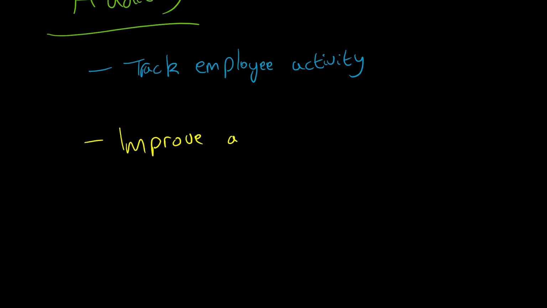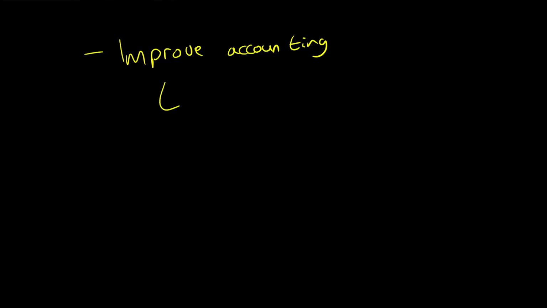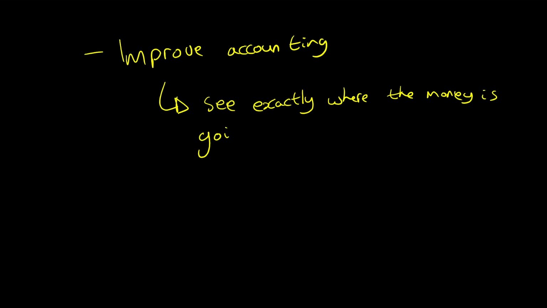You can also improve accounting, and this allows you to see exactly where the money is going, so the company money. Because at the end of the day, as the company gets larger, companies start issuing company credit cards or other methods of payment, and employees will spend money.